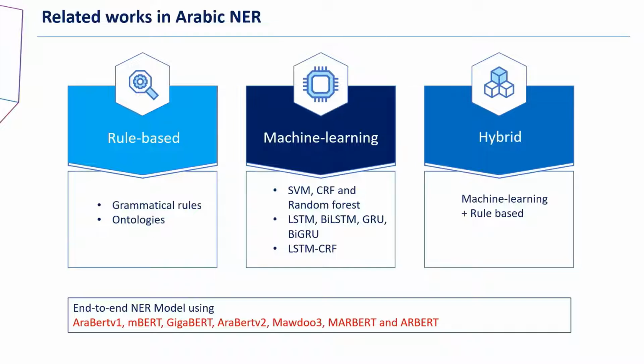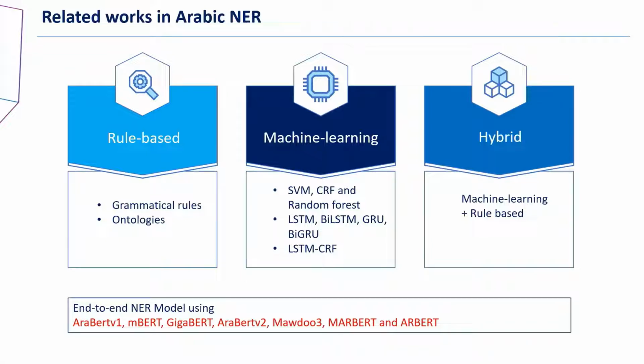And actually, we were looking for an end-to-end system to take only the raw data, feed it to the model, and get the output directly, especially for a product like a search engine for long documents or long sequences. We found the new trend of transformers like AraBERT version 1, mBERT, GigaBERT, and ARBERT.